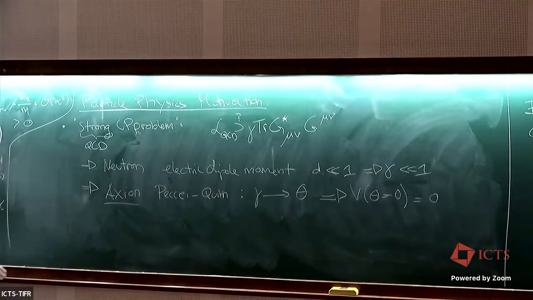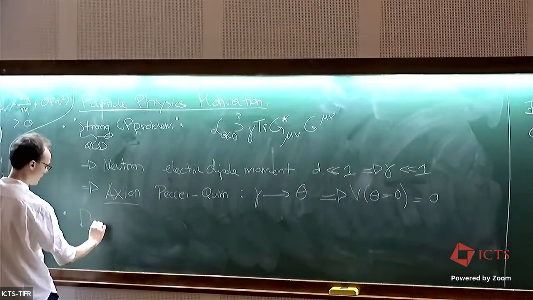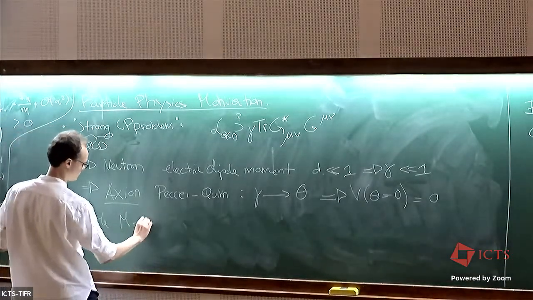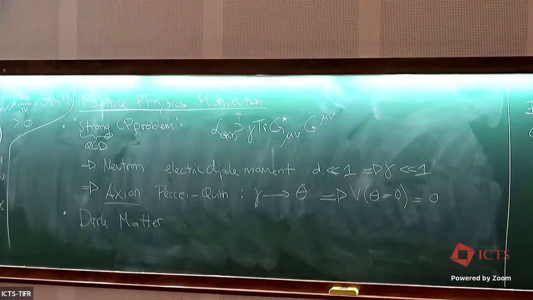Okay? Then the next one is kind of the more or less most obvious one, that's dark matter. So we think that dark matter is some new particle that we haven't discovered yet, but we don't know what it is.